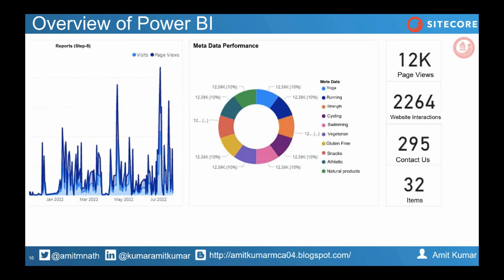Suppose you have metadata or tagging, for example, you are creating more articles based on tags like yoga, running, strength, cycling. How are your meta tags performing on your website, and which meta tag is liked by most of the users? This type of reporting is not available in Sitecore out of the box.